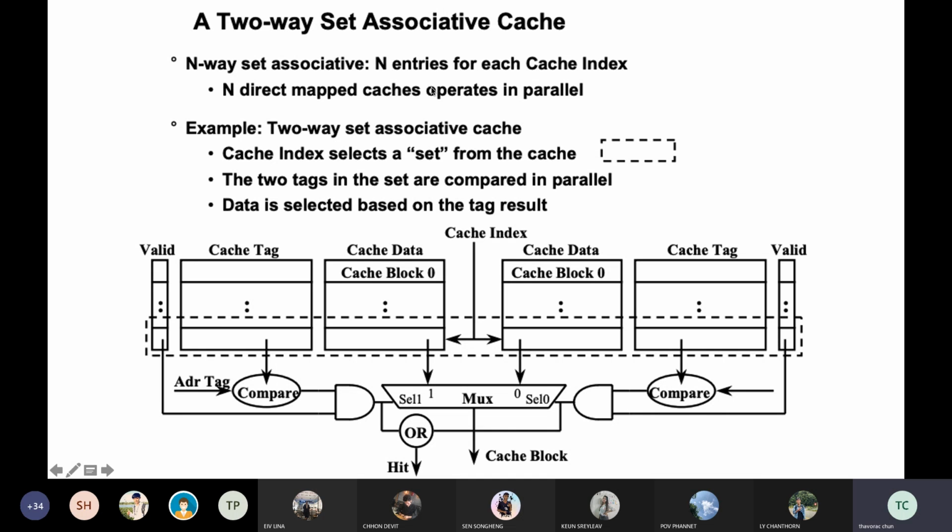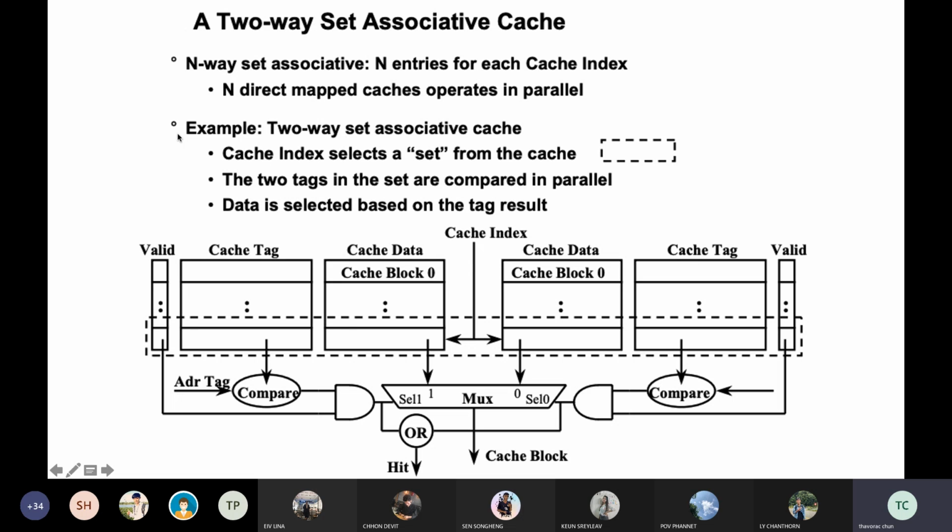Inside this mapping scheme, we group blocks together into sets. Okay, you remember the block from last time, right? A block is a combination of bytes or words, but when we are talking about set associative cache, it means there is another group which combines the blocks together.